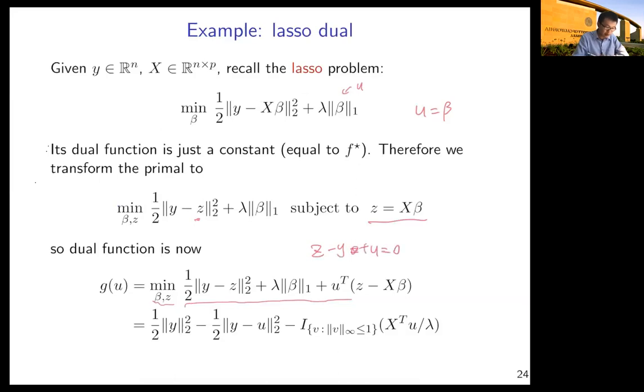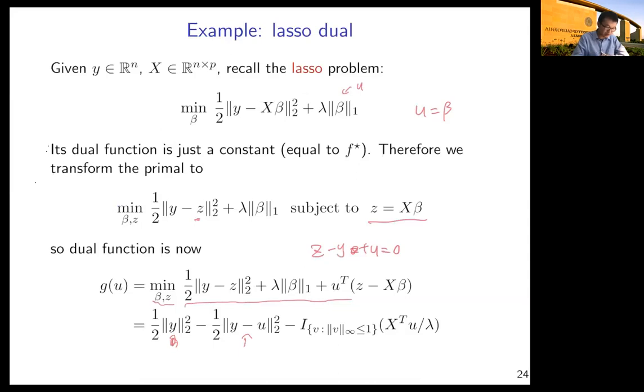Then we can substitute this into the first term: z equals y minus u. That gives us this term, and then u transpose multiplied with z gives us the other.